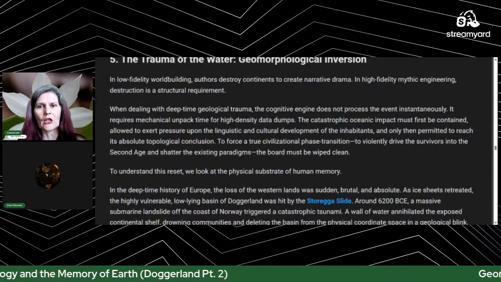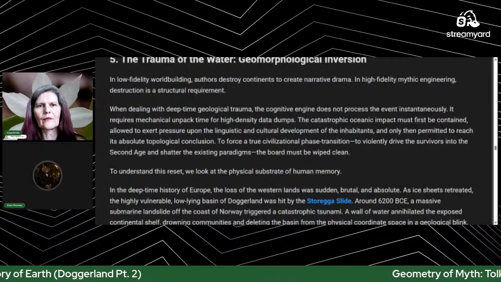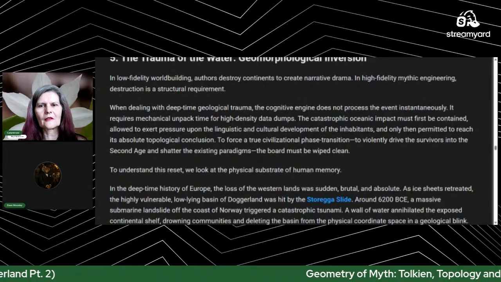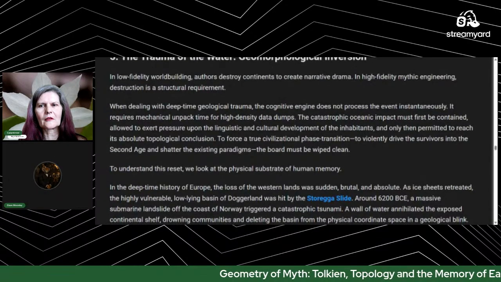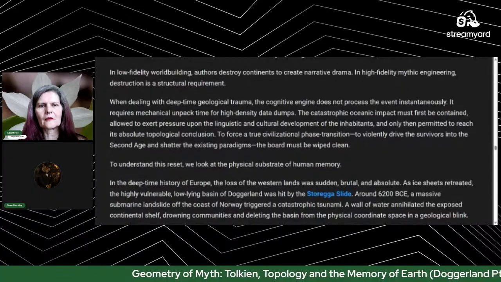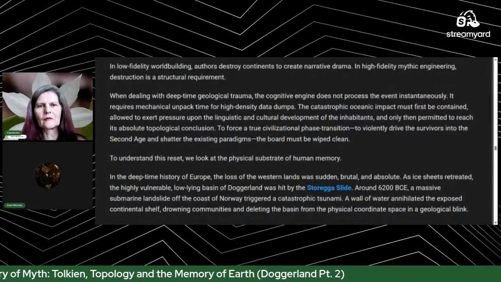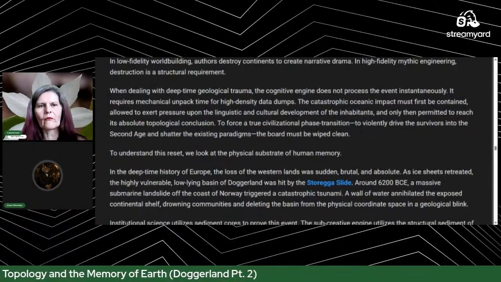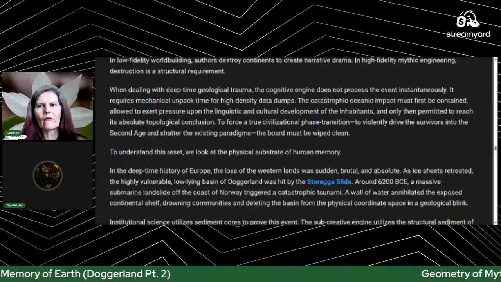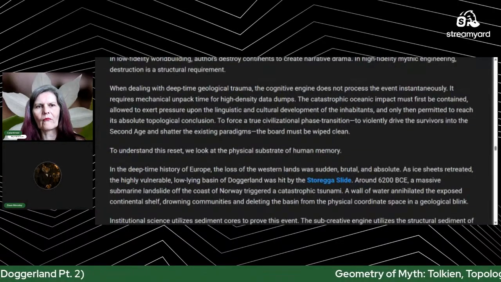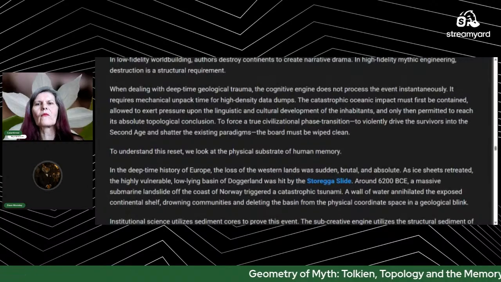So the catastrophic oceanic impact must first be contained, allowed to exert pressure upon the linguistic and cultural development of the inhabitants, and only then permitted to reach its absolute topological conclusion. The force of true civilizational phase transition must violently drive the survivors into the second age and shatter the existing paradigms; the board must be wiped clean.